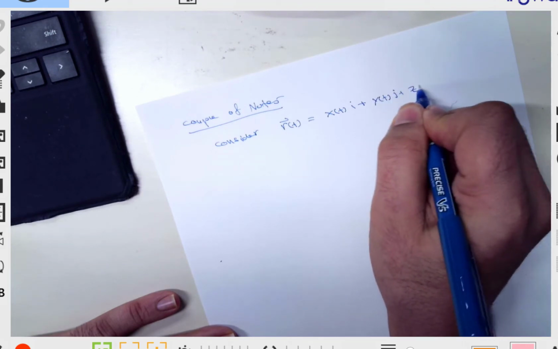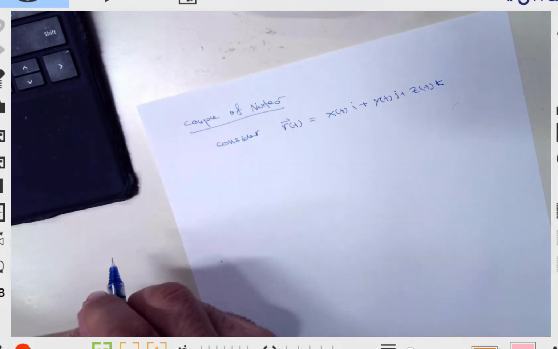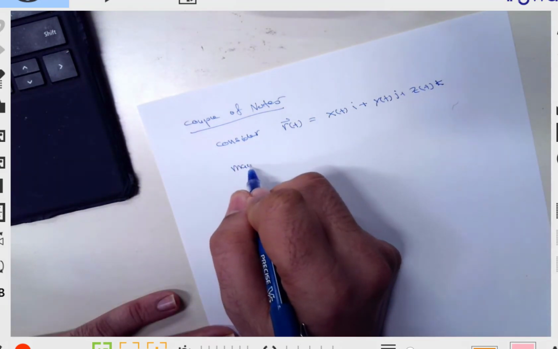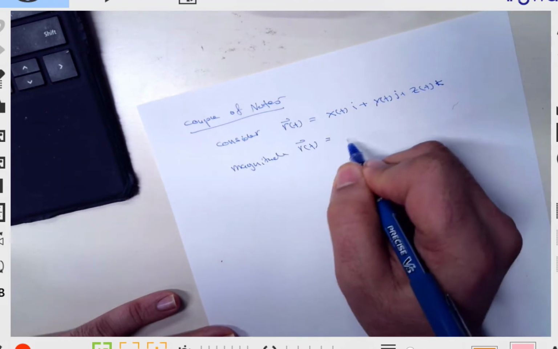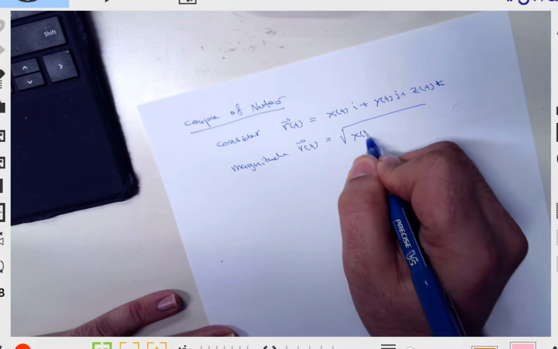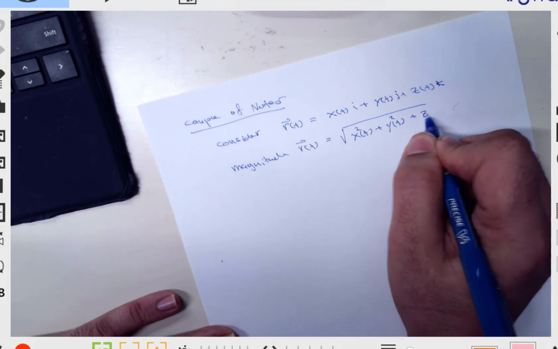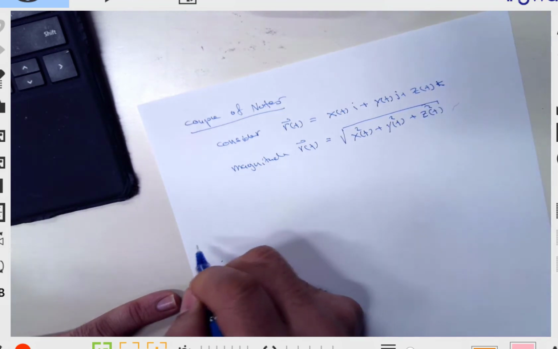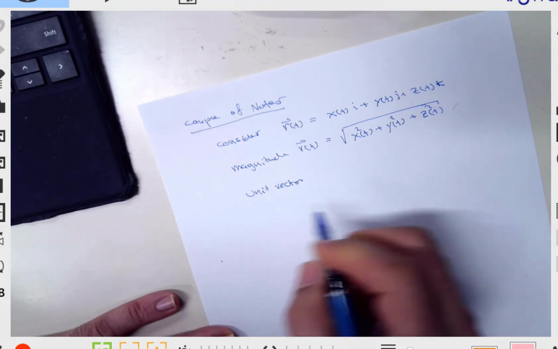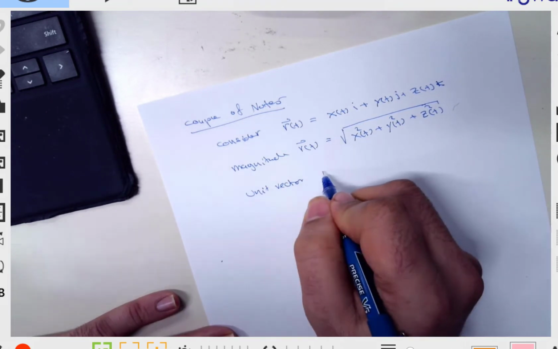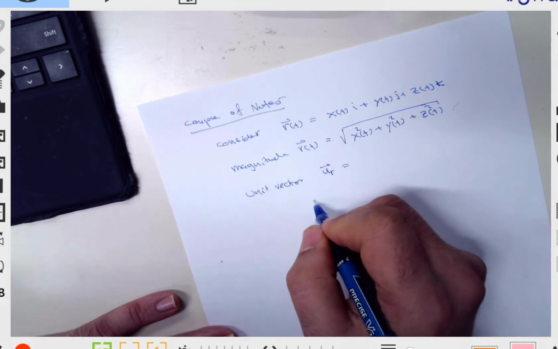right? So now we are familiar with this. Now this is a vector in space. The magnitude of r of t is equal to the square root of x(t) square plus y(t) square plus z(t) square. The unit vector, call it u_r, and this is a vector, equal to r of t divided by the magnitude.